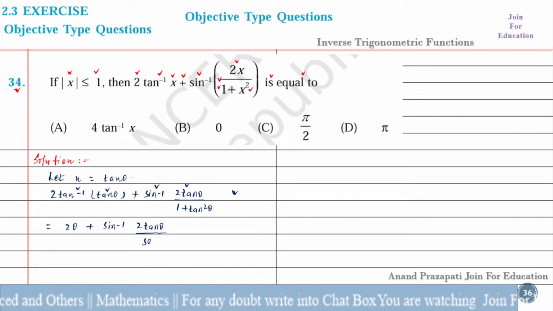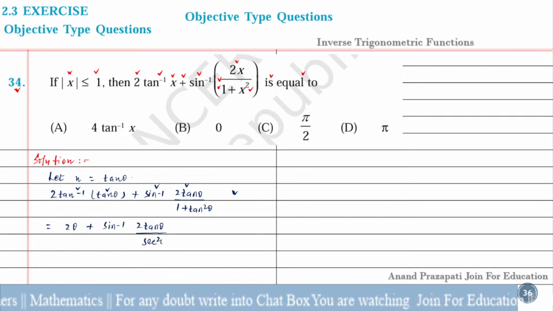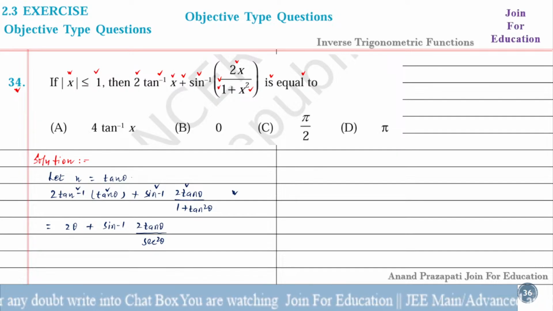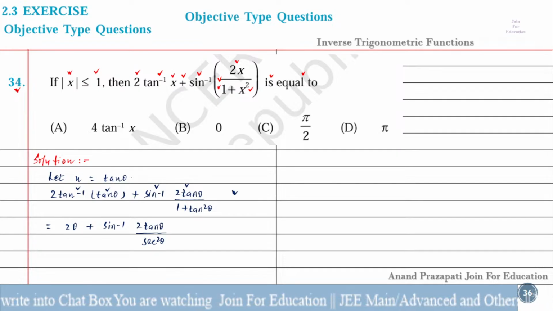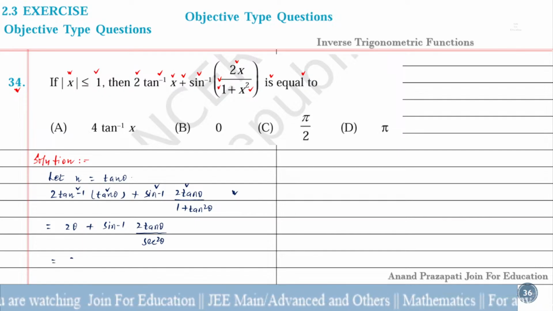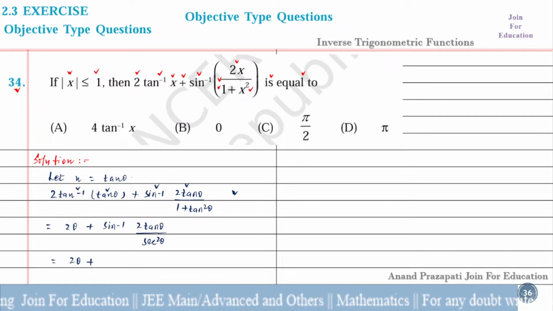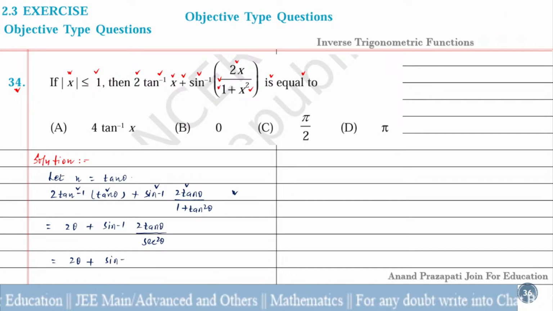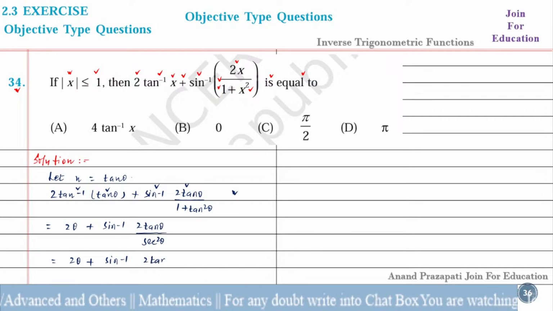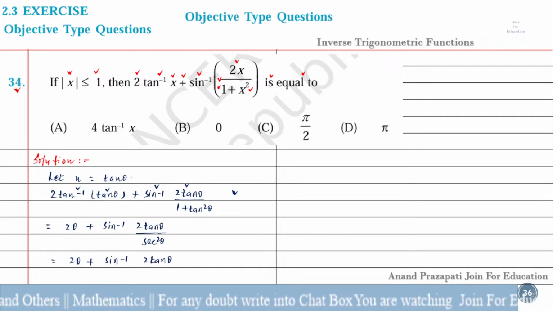Here 1 plus tan square theta equals sec square theta, and according to the formula we know that 2 tan theta by 1 plus tan square theta equals sin 2 theta. So the next step will be 2 theta plus sin inverse of 2 tan theta into 1 by sec square theta, and 1 by sec square theta equals cos square theta.